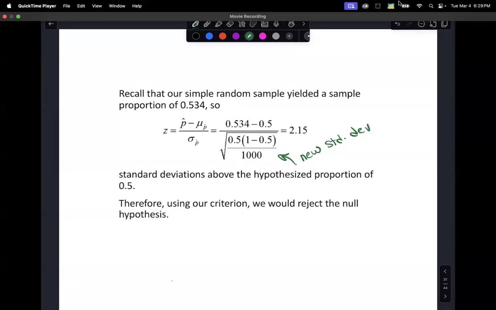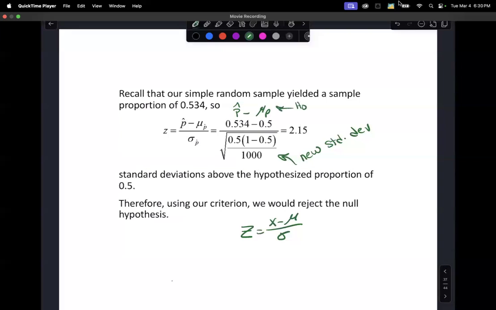So remember calculating a z-score. I'm going to go old school here. Remember it was x minus mean divided by the standard deviation, long, long time ago. This is basically the same thing. This is just my p hat, which is my sample, minus my original proportion that they gave us, this right here is my null.